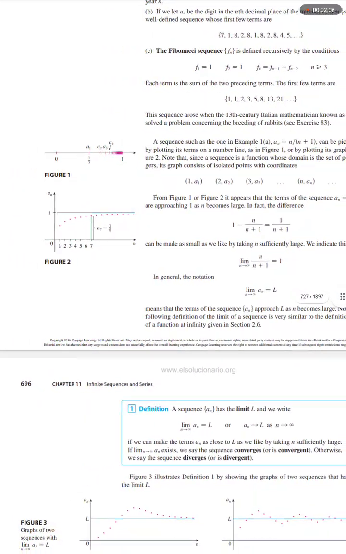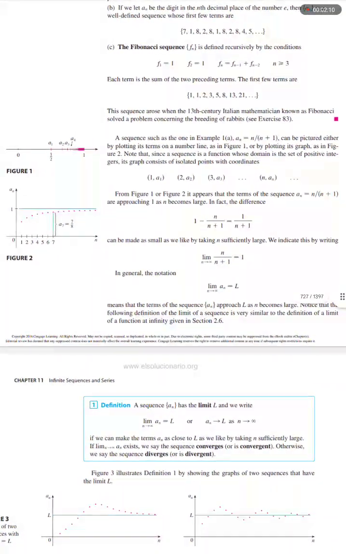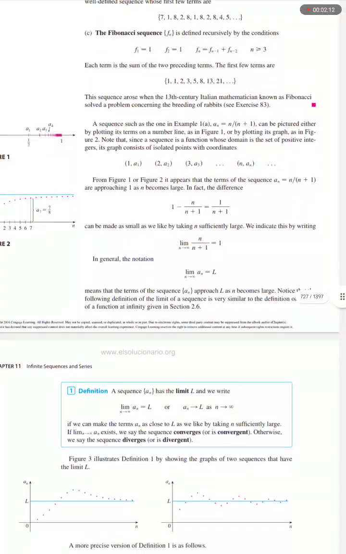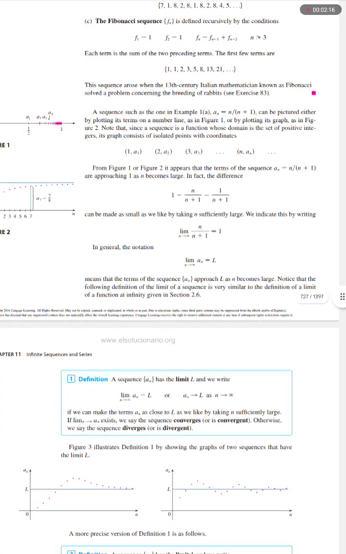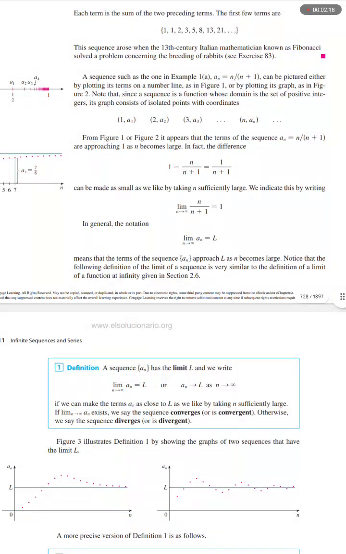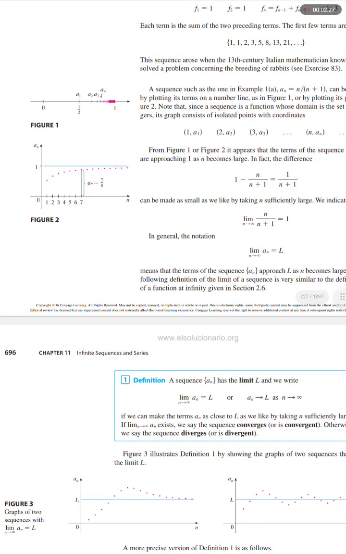Note that since a sequence is a function whose domain is the set of positive integers, its graph consists of isolated points with coordinates (1, a_1), (2, a_2), (3, a_3), ..., (n, a_n).